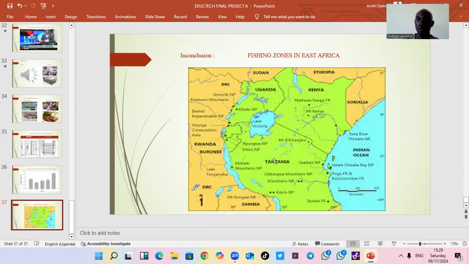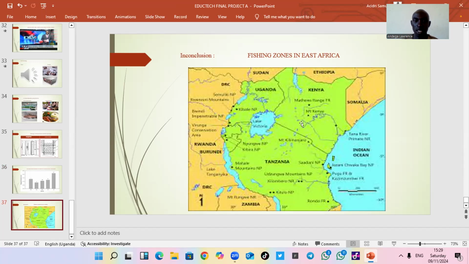In the rivers, the possible river is the River Nile. Fishing can be done in the River Nile and in other rivers in East Africa. We can see in this map of East Africa, the lines that are green in color, those are the rivers where fishing can be done.